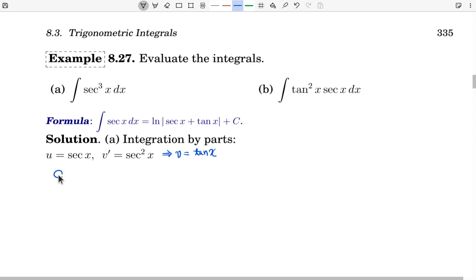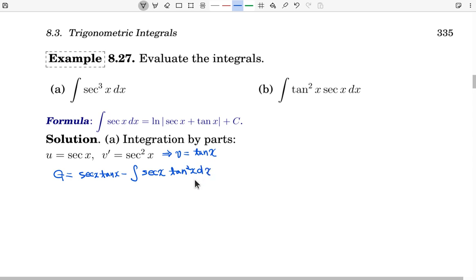So the given integral is changed into uv, that is sec x tangent x, minus the integral of u prime, that is sec x tangent x, times v, which is tangent.